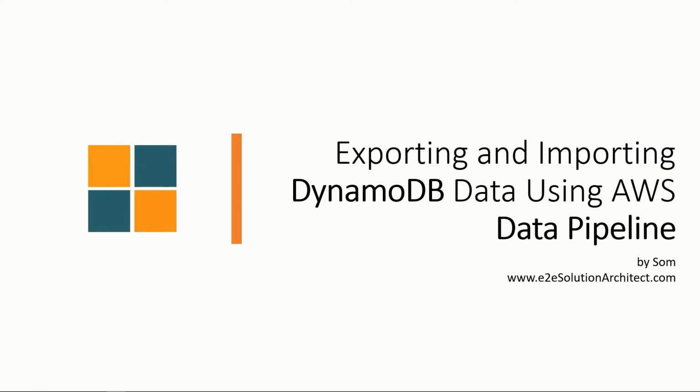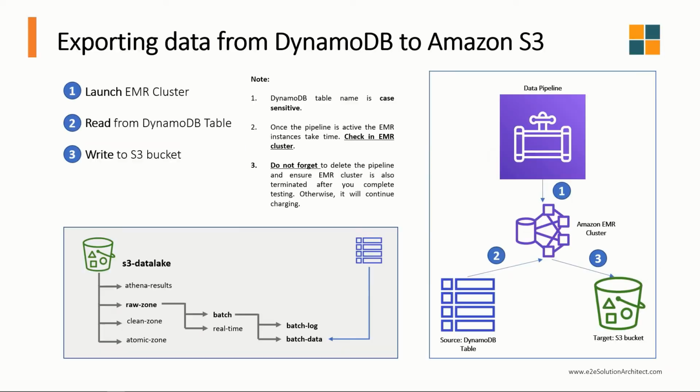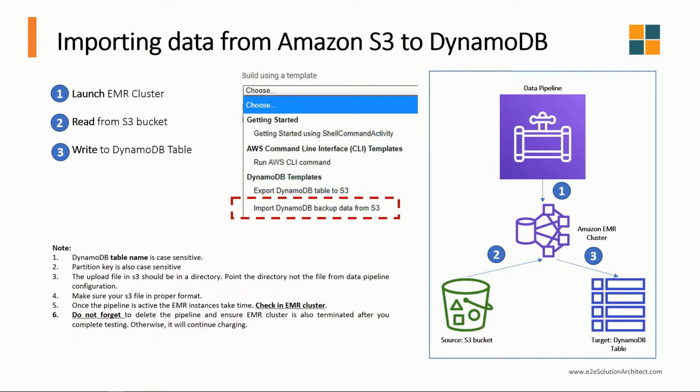If you have attended our past session, you may have seen how we exported DynamoDB content from a DynamoDB table to Amazon S3 by data pipeline, and we created this S3 folder structure. Now in this lab, what we are going to do is just the opposite.